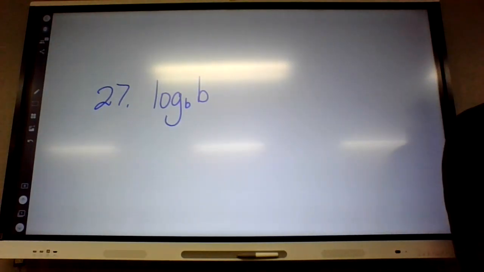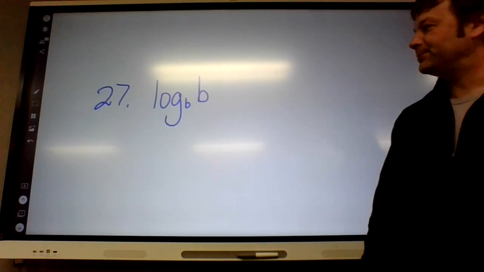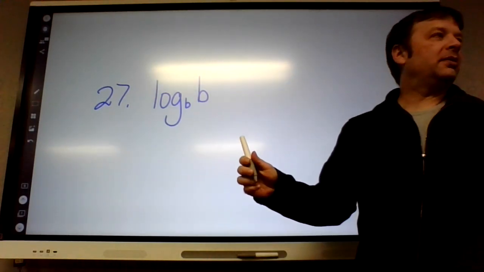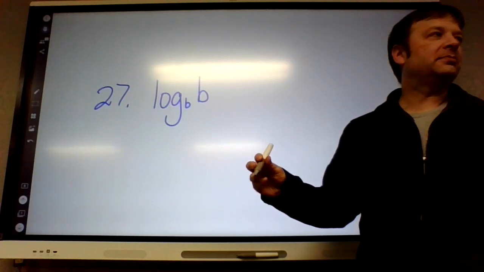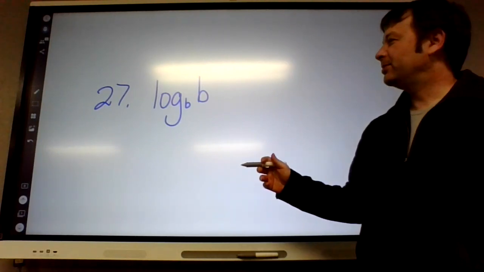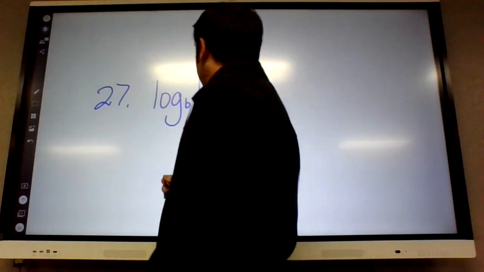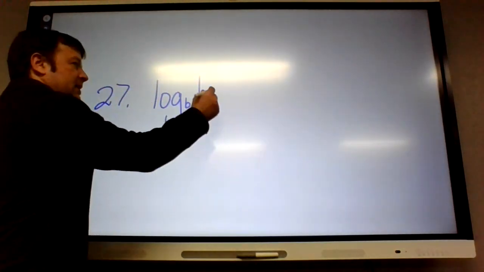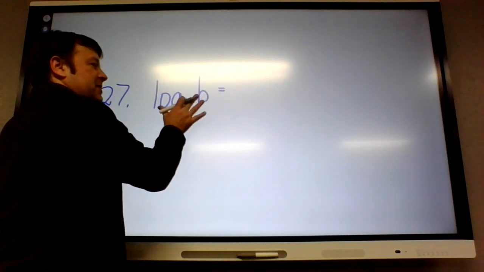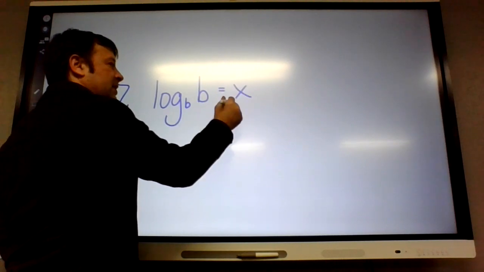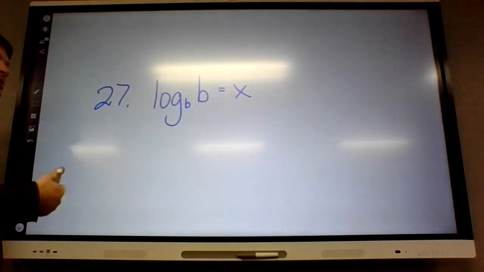I'm wondering if anybody thinks they figured it out yet. I have not figured it out. Is it b? Almost, you're on the right track. They didn't write this as an equation like we did at the beginning. If I wrote it as an equation, it'd be equals what? That's what we're trying to solve.